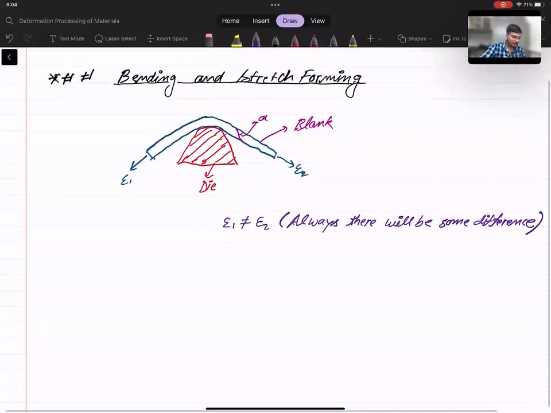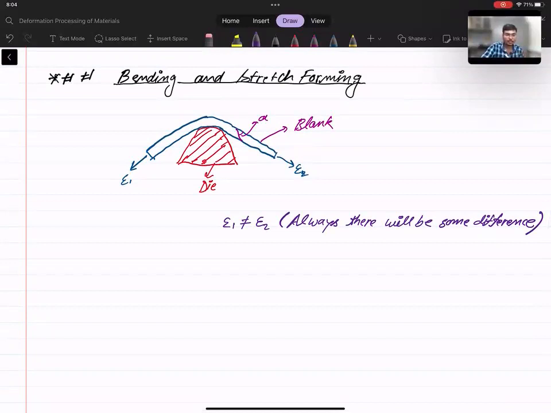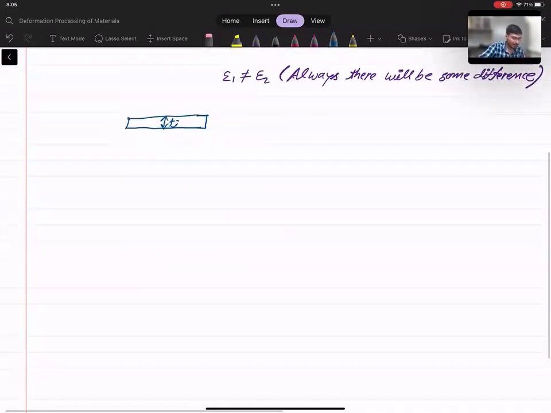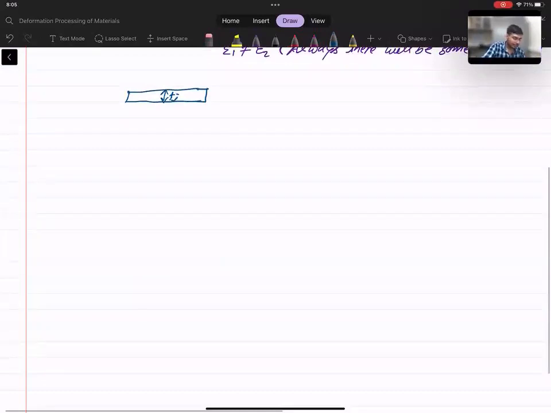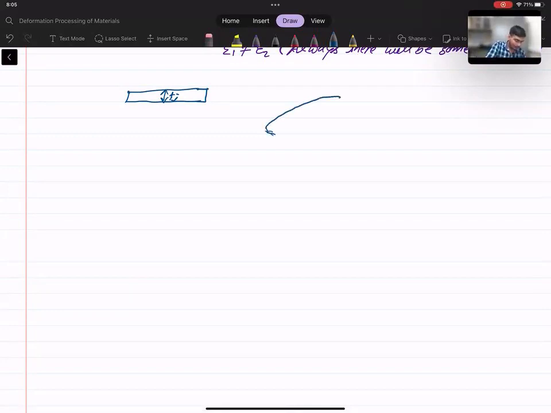And let us see which kind of shapes will be formed here. Okay, so suppose we have an initial blank of thickness Ti. So we will denote this initial thickness as Ti, and shapes like cones, missile cones, etc., or conical domes, etc., can be easily formed using this process.